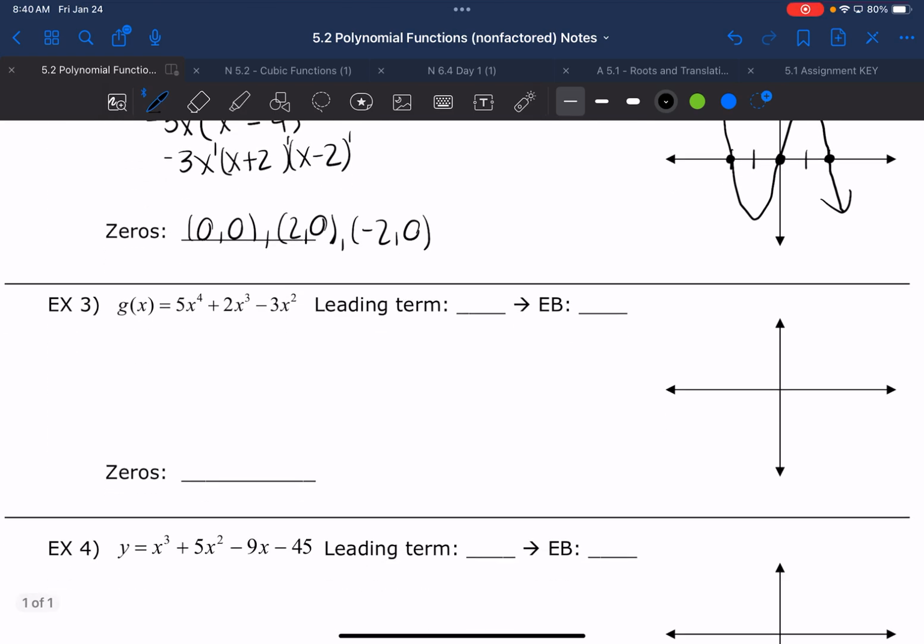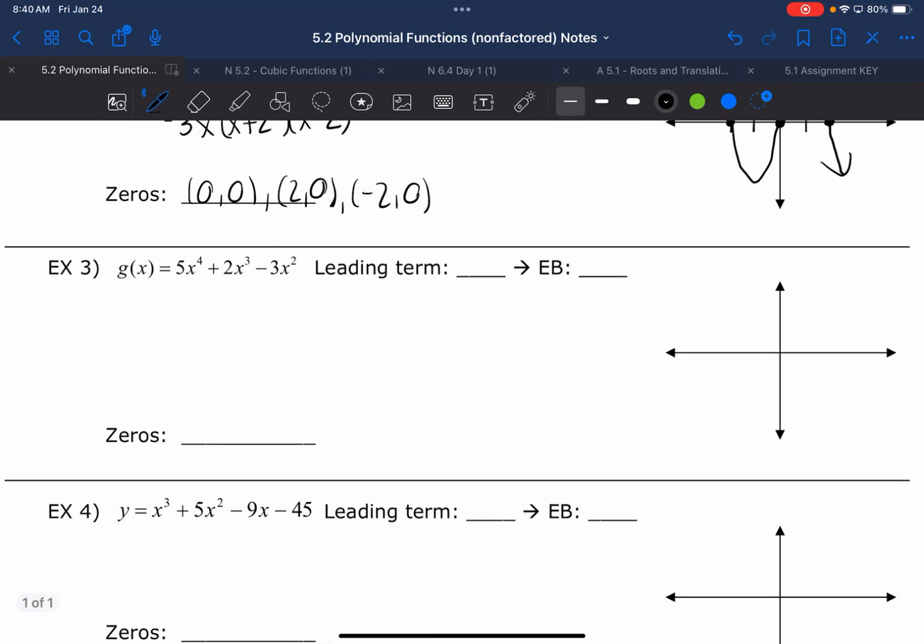Okay, example 3. What was our leading term for example 3? Good. All right, so even exponent and a positive coefficient. What's our end behavior going to be? Up, up. Good. All right.